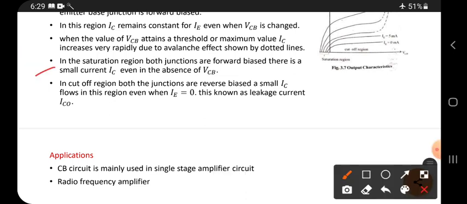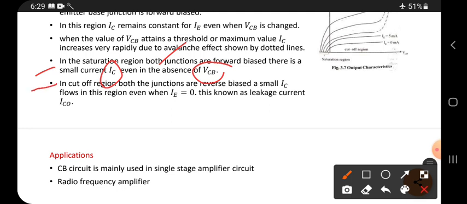In saturation region, both junctions are forward biased. There is a small current IC even in the absence of VCB, when VCB is 0. In saturation region, both input section and output section must be forward biased. Then only it works in saturation region.